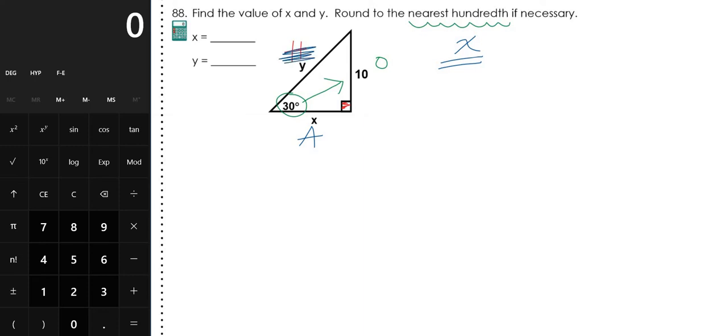So imagine this doesn't even exist. So we're left with opposite and adjacent, O and A, which means you're using TOA, tan. So we're going to set up our tan function. It's tan of the angle 30 equals your opposite, which is the 10, over your adjacent of X.